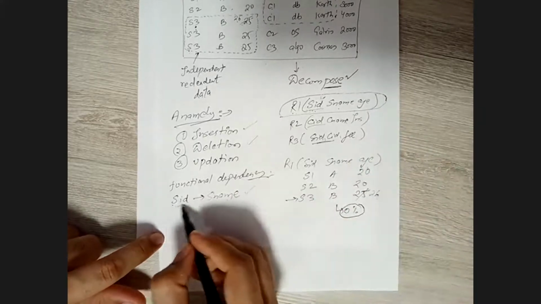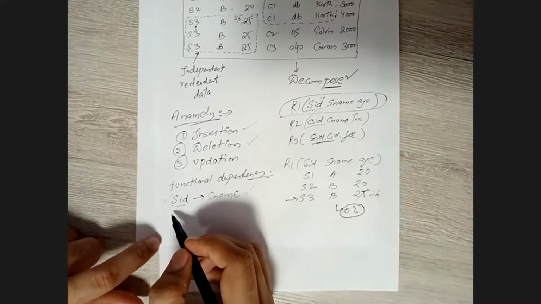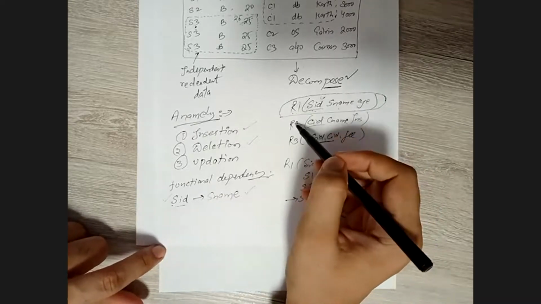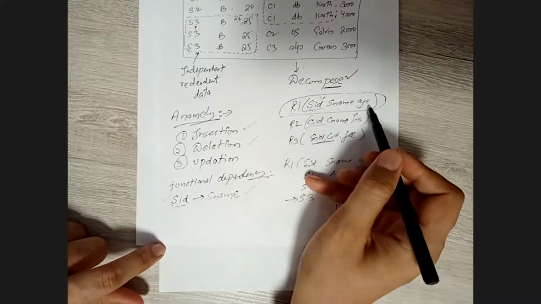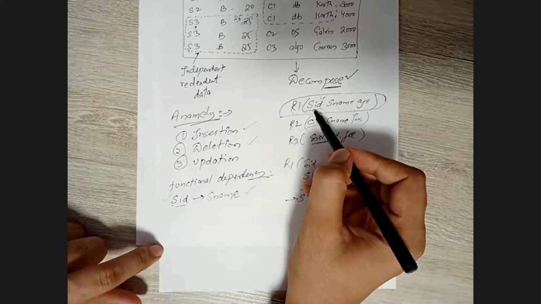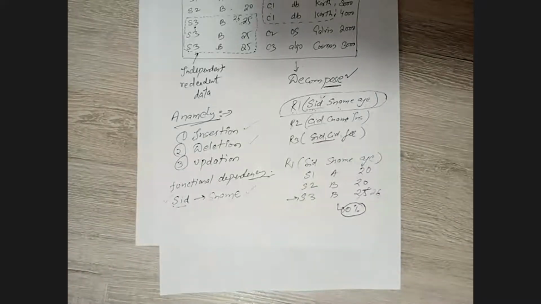That's why this is the primary key over here. You can just think like SID is the leader of this table. And being a leader, we can get the values of SName and age by providing the value of SID over here, right? So this is how we get the values over here.